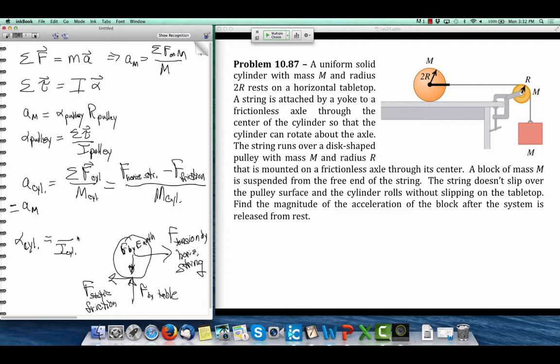As I said, the only thing causing this to rotate clockwise is friction. All of these other forces act through the center of mass, so they don't produce a torque at all. Only the friction force produces a torque, which is the friction force times the radius of the cylinder, 2r. So that's the torque on the cylinder that causes it to rotate.